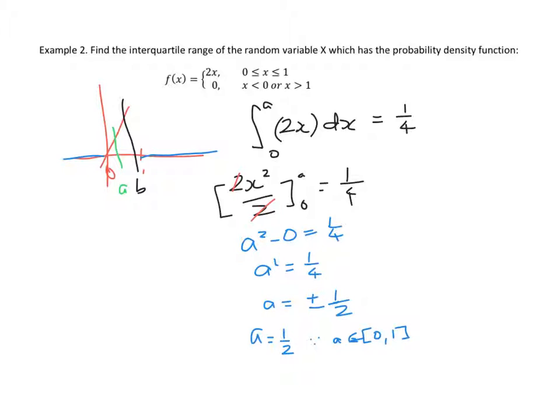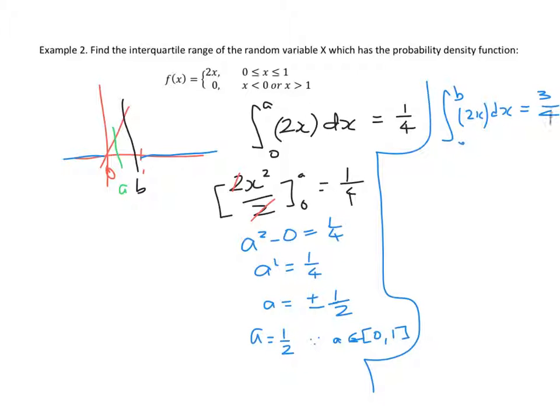Or I can say A is between 0 and 1. If I find B, then I do the same thing, except I have from 0 to B of 2x dx equaling 3/4 for the third quartile. So we have the same integral again, and again we could do this by hand or by CAS calculator, but I'm just doing this by hand so you know what to do.